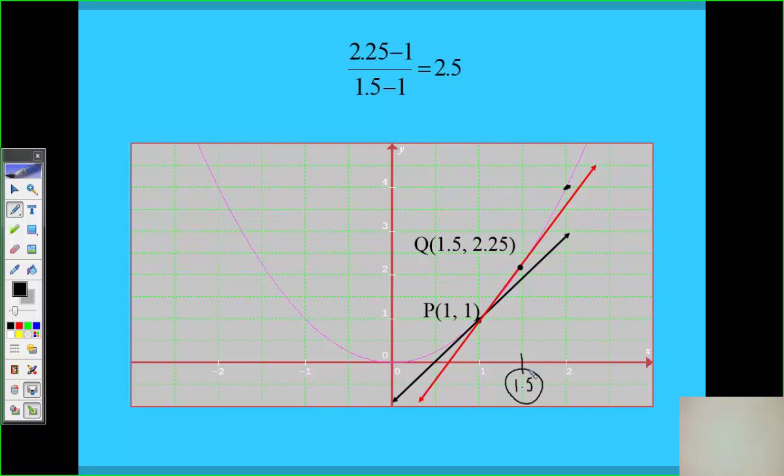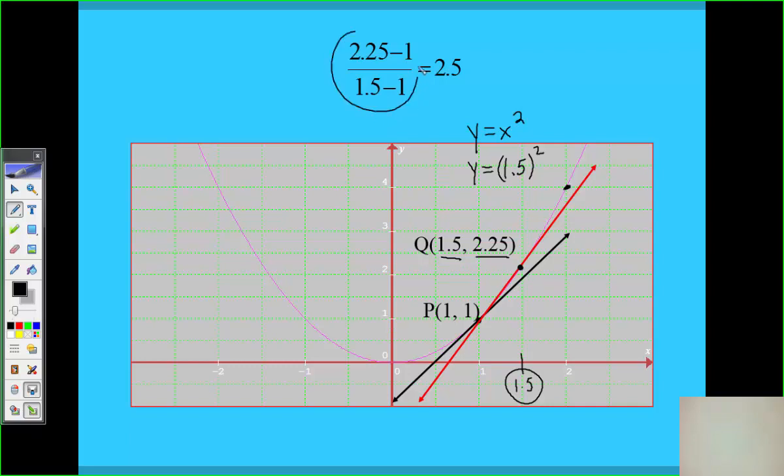We're taking our x value, 1.5, and plugging it into y equals x squared. So we're simply taking the x value, plugging it in, and squaring it. So we have 1.5 squared, which is the y value, 2.25.